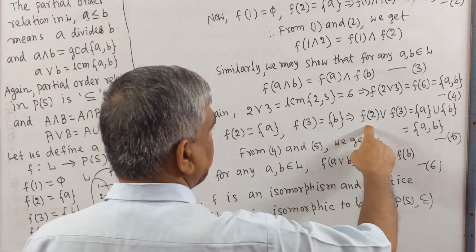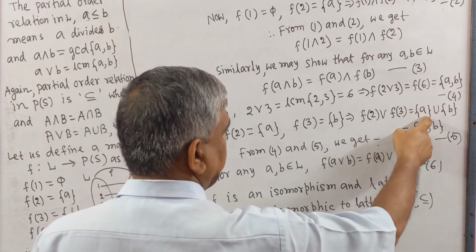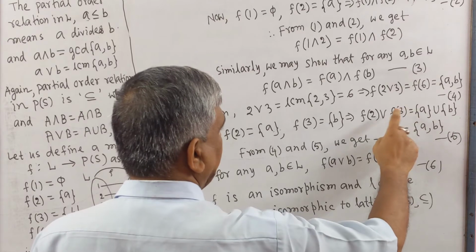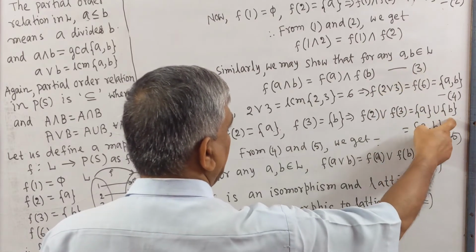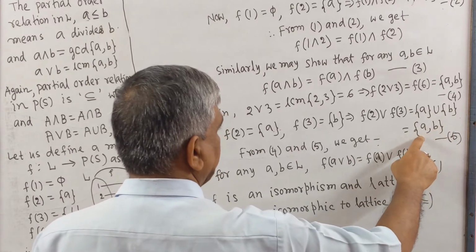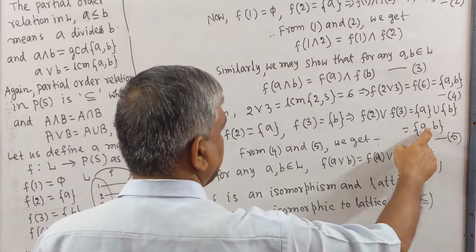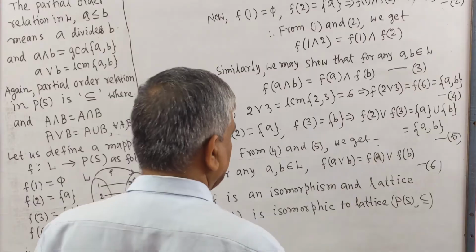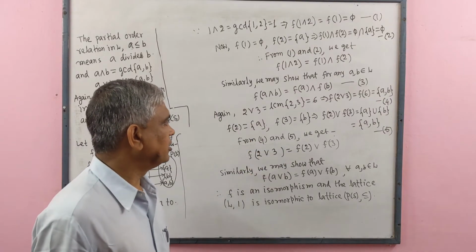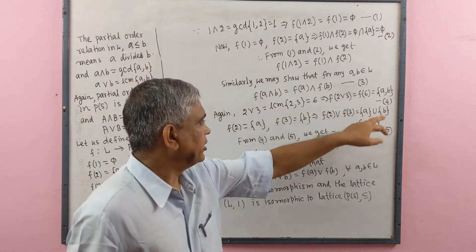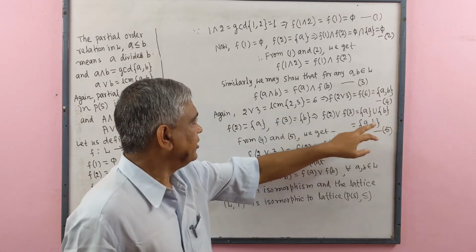The union of these two sets is the set containing elements a and b. This is number 5. From 4 and 5 we get the same result on the right side.